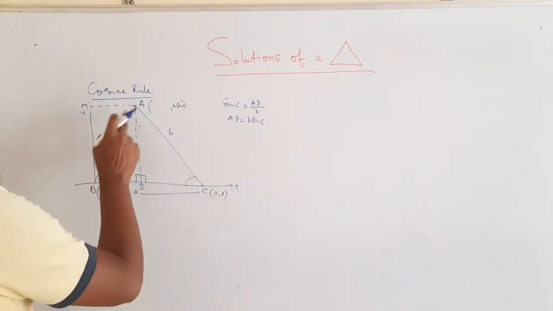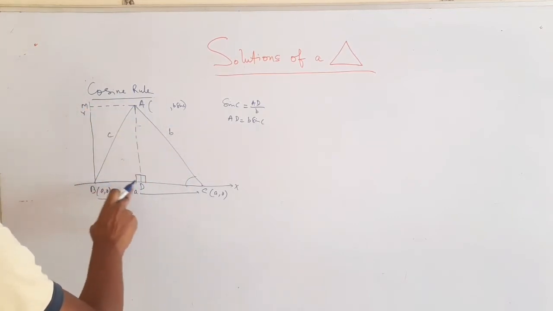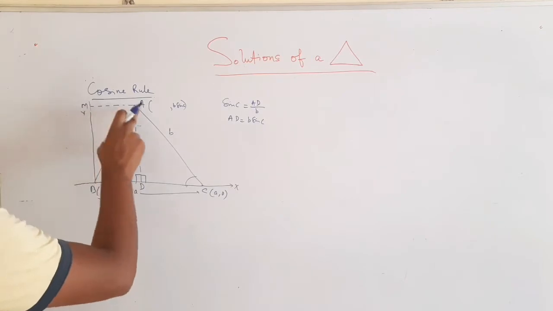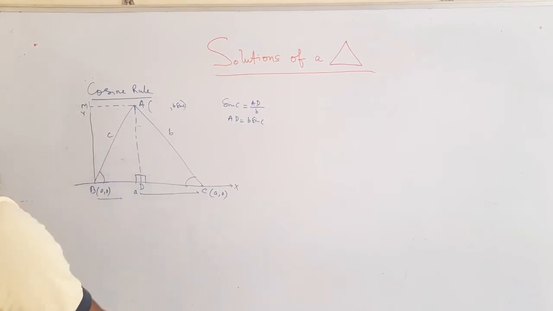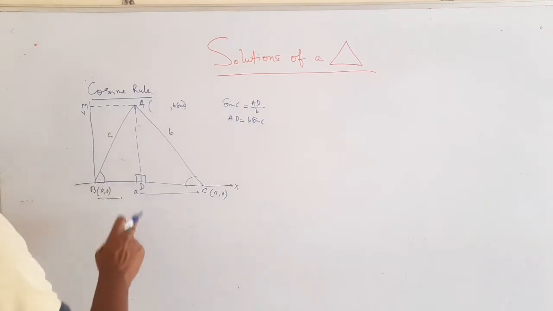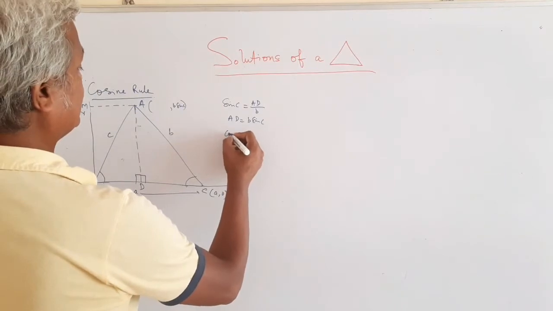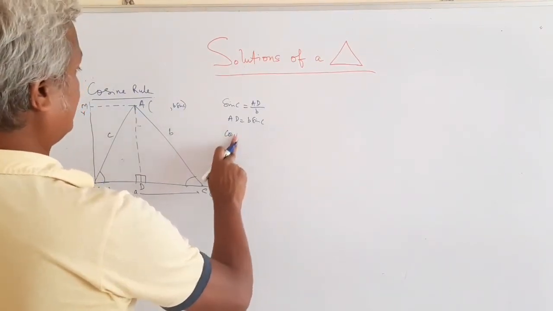Now I have to find AM, but I cannot find AM directly. So I'll prefer using BD because AM is equal to BD, and I'll take this angle B into consideration. Since I have to find BD, the adjacent or the base of the triangle, I'll use the cosine ratio.